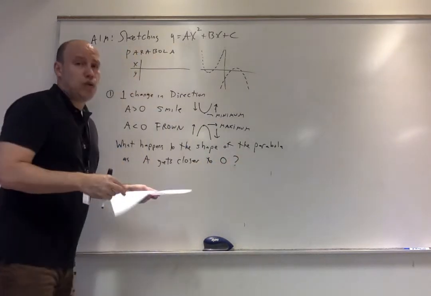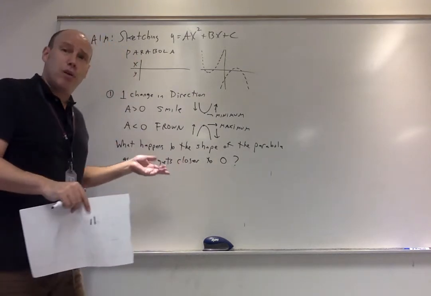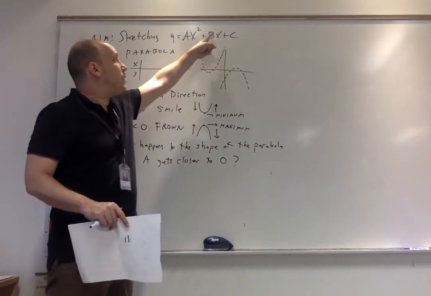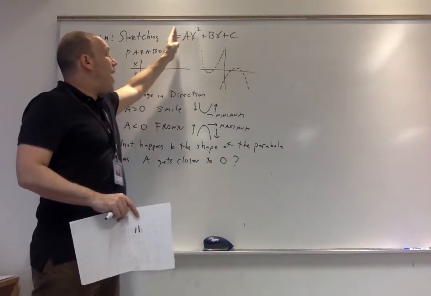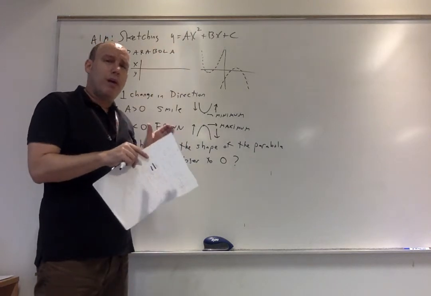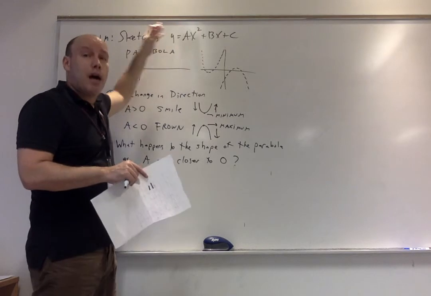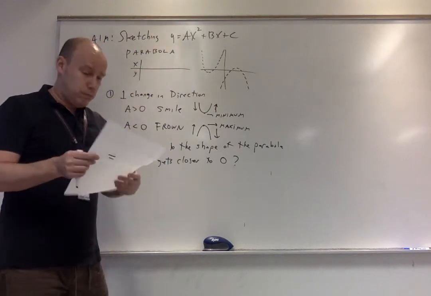We're not going to really study it until we get to transformations, but I want you to explore. Keep everything the same, but just increase a, get it closer to 0. What's happening to the parabola? And then move the value away from 0, maybe on the negative and positive side.